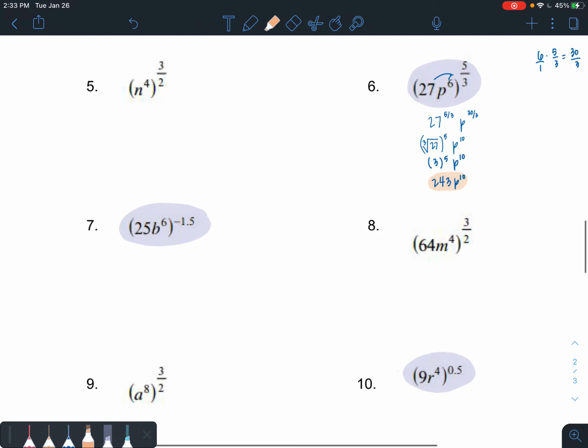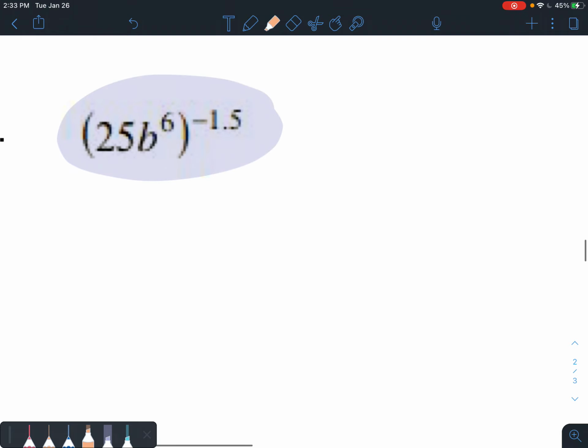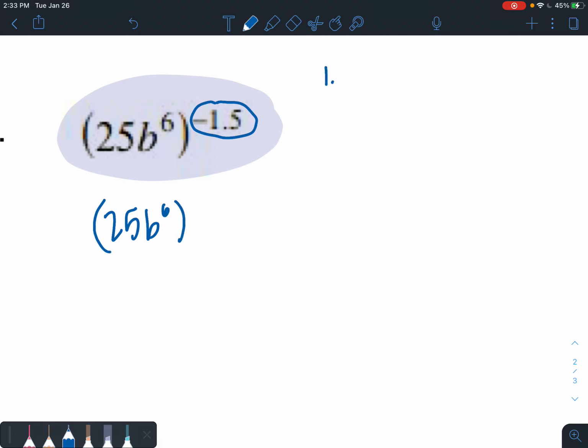Okay, let's do another one here. First I'm going to change this to a fraction. So I'm going to have 25b to the 6th, all to the 1.5, and 1.5 as a fraction is the same thing as 3 over 2. You can use that fraction to decimal button in your calculator to figure that out. So this is to the 3/2.